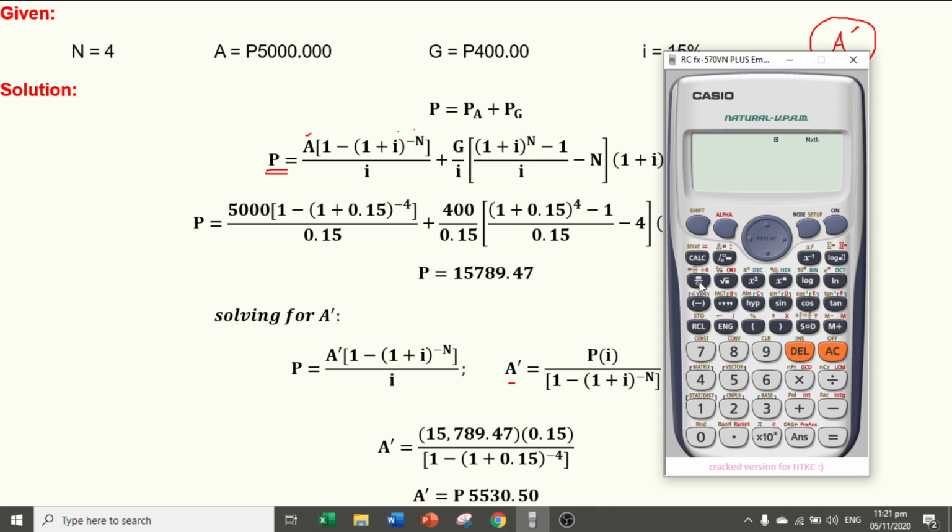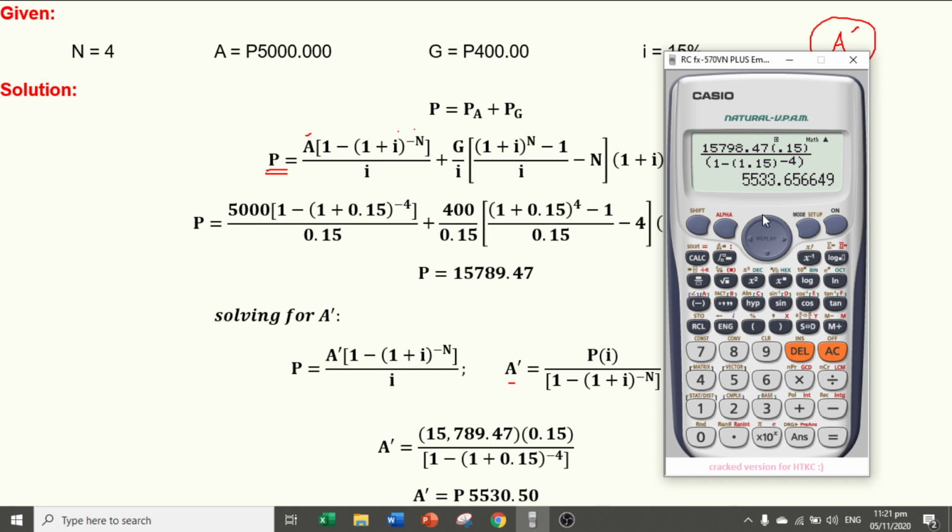So, try natin sa calculator. Check natin kung tama. 15,789.47 times 0.15 over 1 minus 1.15 raised to negative 4.